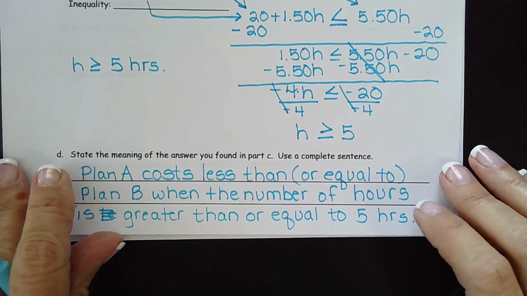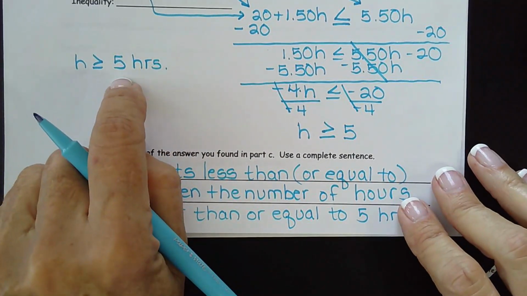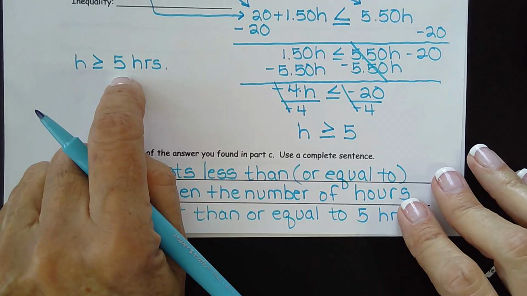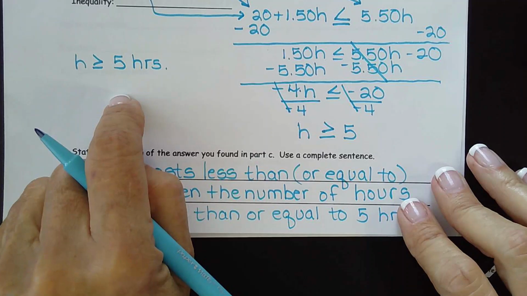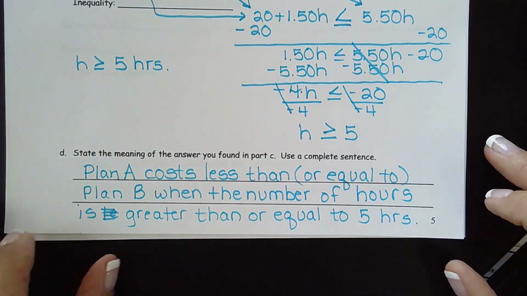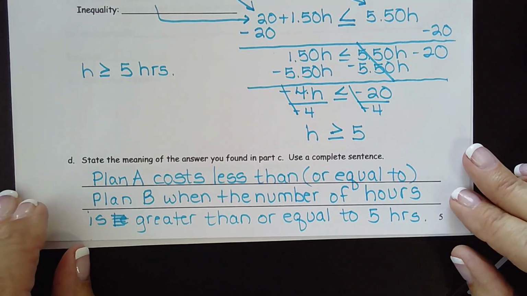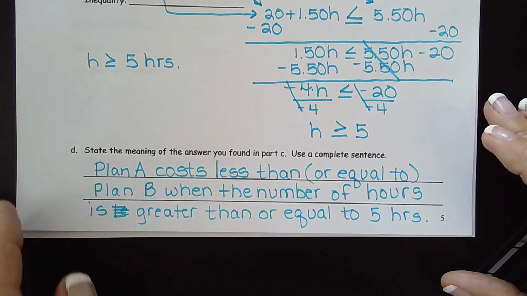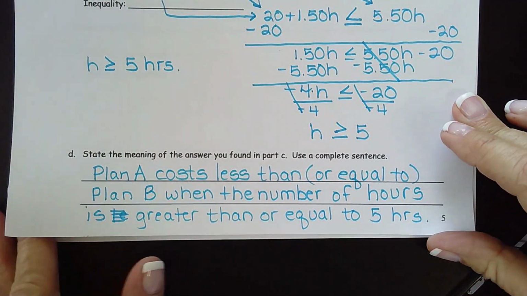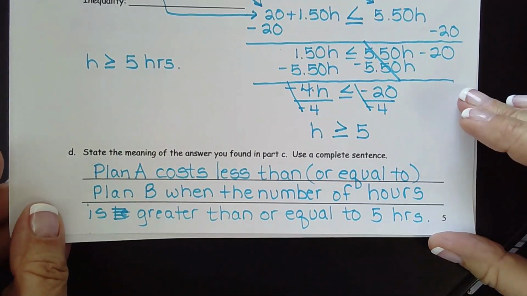So Plan B would only be less if you were smaller than 5. So 4 hours, 3 hours, 2 hours, 1 hour. Okay, so hopefully that was a little bit easier after having done that example on page 3 in an earlier video.